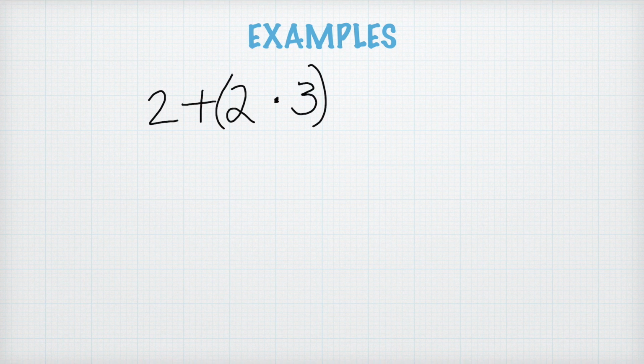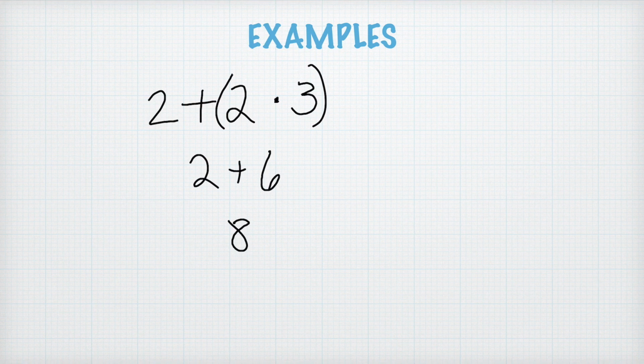You're going to simplify on section 2, making sure you use PEMDAS. And so if we have 2 plus 2 times 3, we want to do the multiplication first, which is this. And so we have 6 plus 2, and that's going to be 8.